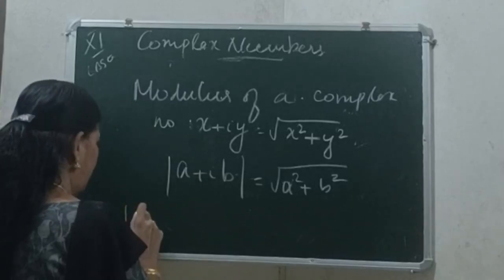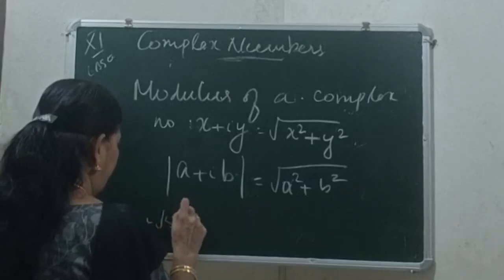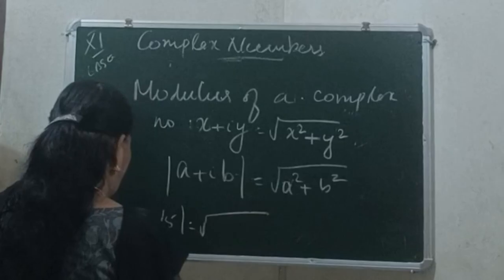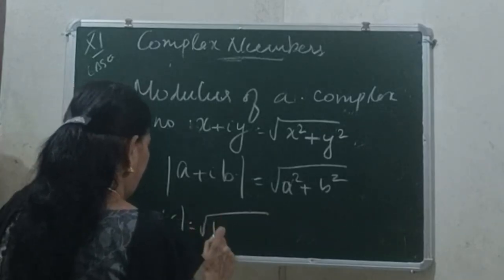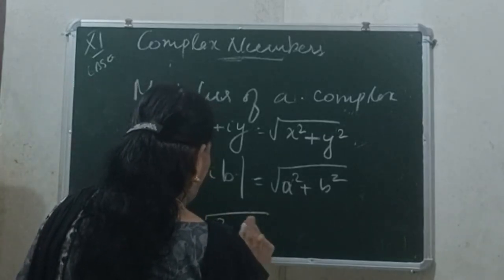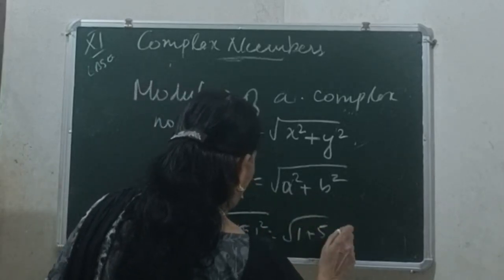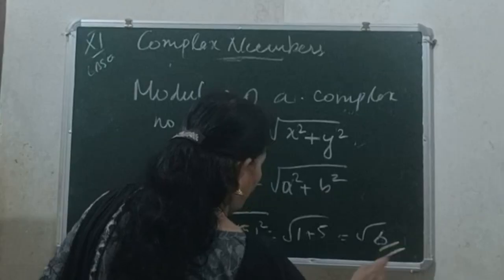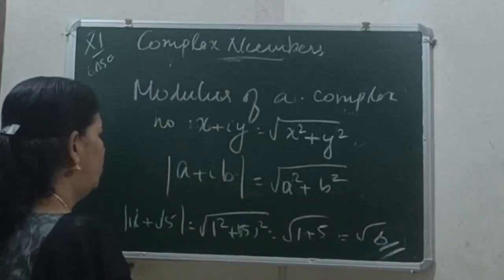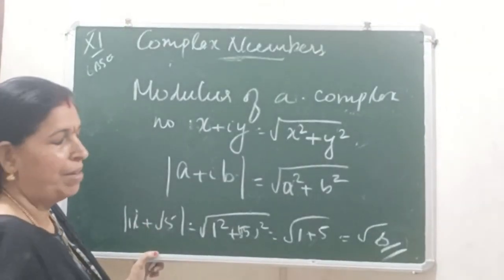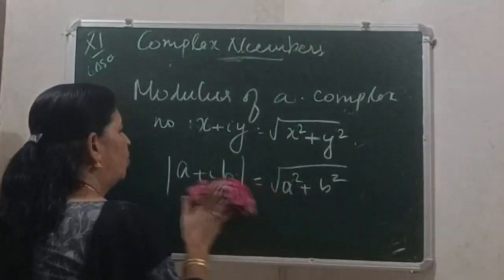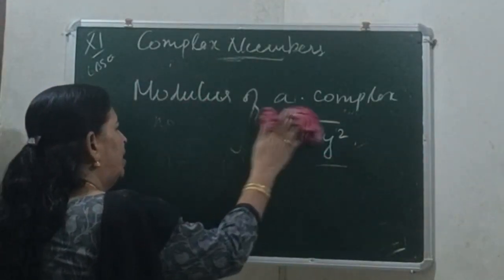Then find the modulus of i plus root 5, that is equal to root of 1 square plus root 5 square, that is root of 1 plus 5, which equals root 6. Then the modulus of a complex number a plus ib is root of a square plus b square.